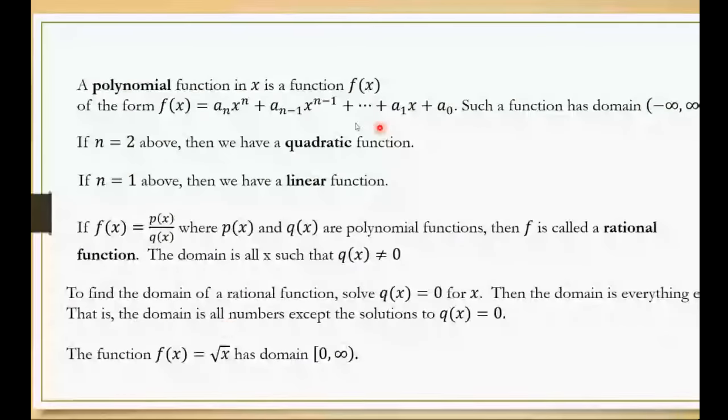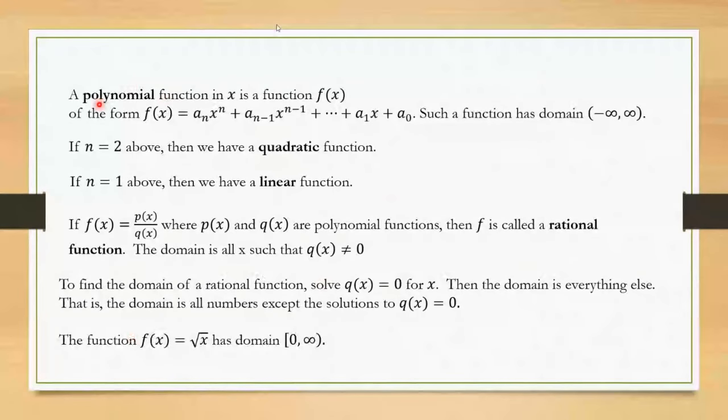Before we do more examples, here are some certain special functions that you will see in mathematics. Polynomial functions, you see a lot of these. And this is a function of this form, a polynomial function in x. Basically, this is just a function that's equal to a polynomial like this.